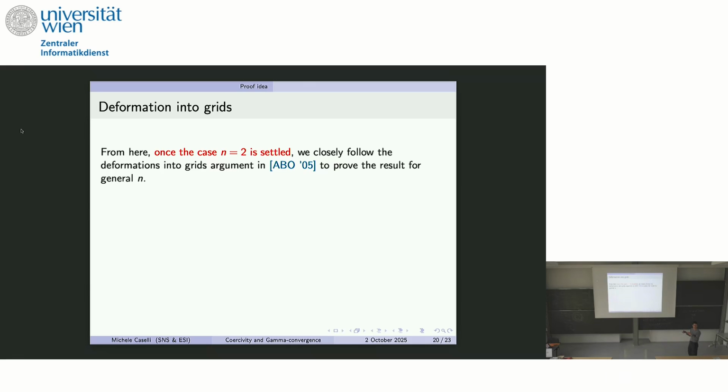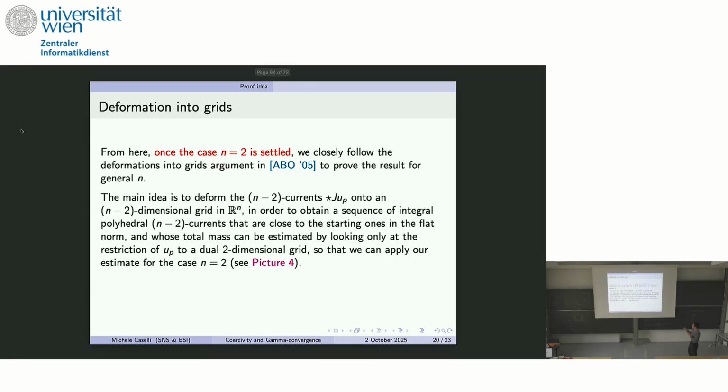There is a way to slice the currents and then use the two-dimensional result: if you can do the gamma convergence in 2 dimensions, you can do the gamma convergence in every dimension by deforming the Jacobians into grids. We can deform the Jacobian on n-2 dimensional grids. So the Jacobians are a one-current.